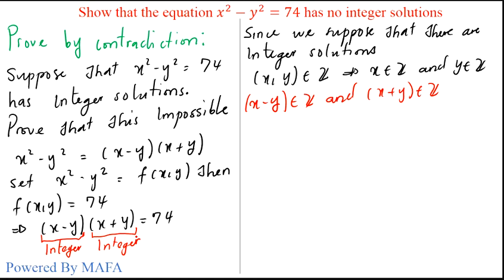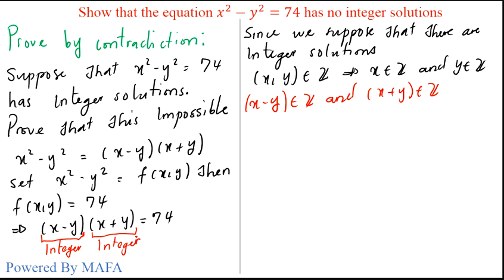Now x minus y being an integer and x plus y being an integer, we know the set of integers is the set of positive and negative whole numbers. So definitely if I am an integer, it therefore means that I am either even or I am odd, according to the definition of what an integer is.